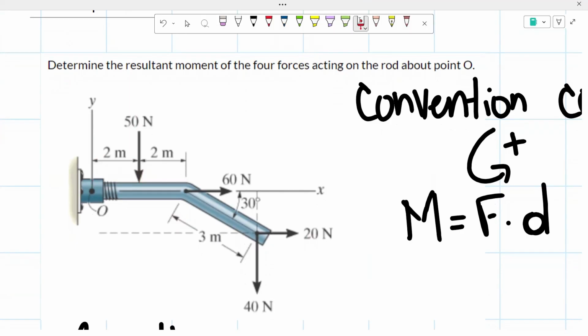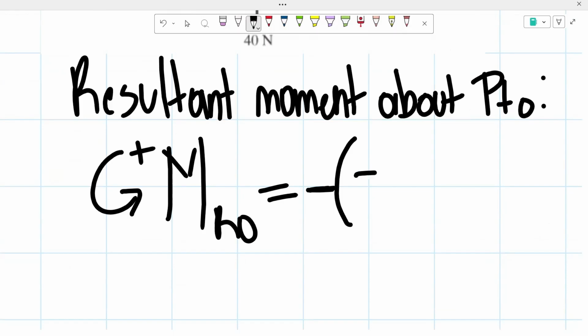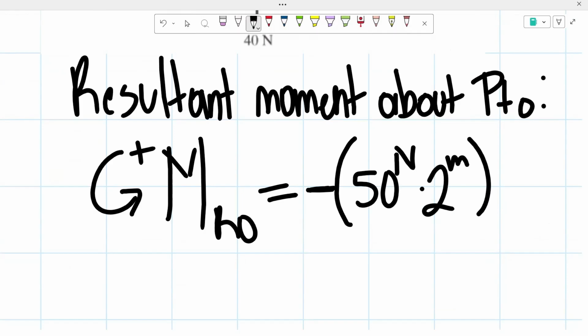Now, since we're moving to the left, that's going to be negative because once again, remember, anything going to the left is negative, anything going to the right is positive. So that's why that's going to be negative. So we have negative, since we said that we're shifting that to the left, is equal negative times our force, 50 newtons, times distance, which we know is the 2 meters.